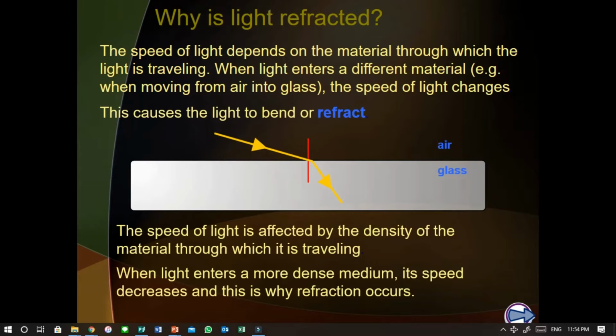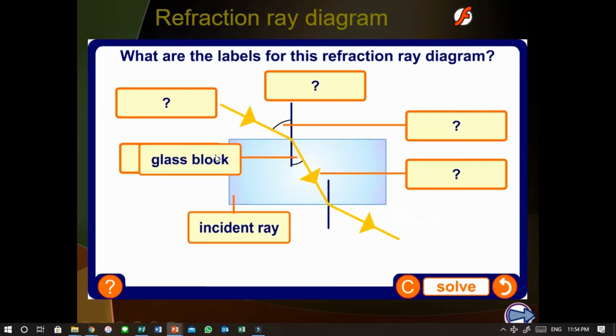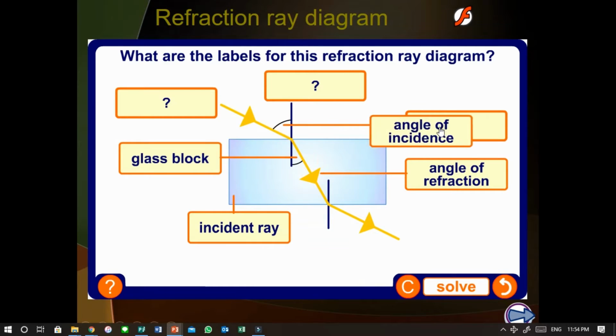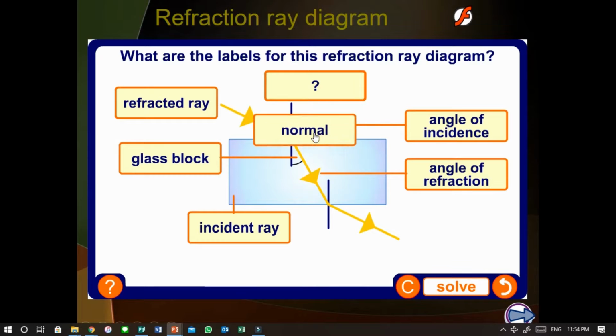And that's refraction. We dealt with some of that in the lab, but we're going to deal with it in more detail because there are certain properties of light being able to refract. So here's your diagram. We have my angle of refraction, my angle of incidence, my refracted ray, and the normal.